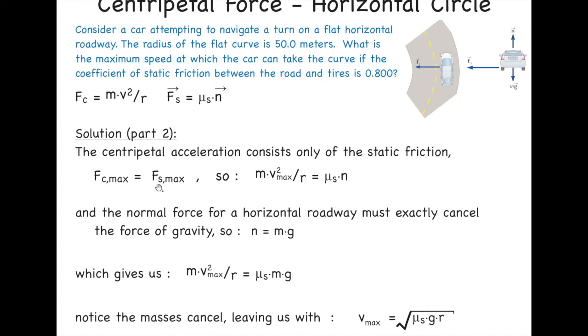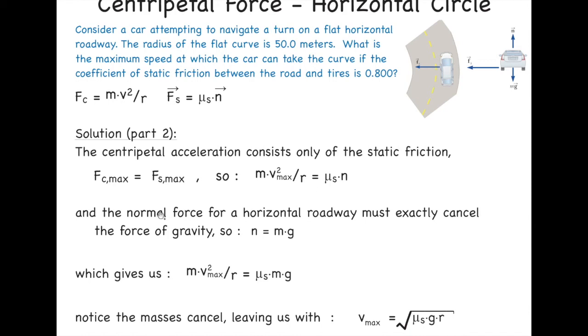So if we can equate these two, because it's the one and only force providing centripetal force, then we can equate the right side of these two equations, and we get m v squared max divided by r is equal to mu s N, coefficient of friction times the normal force, right?